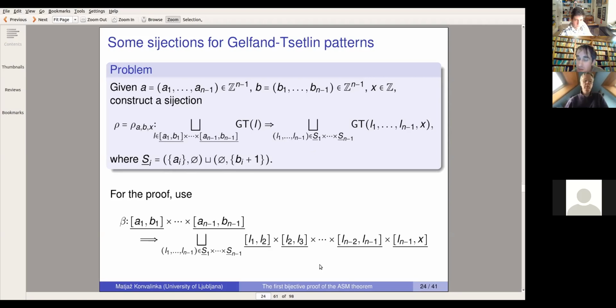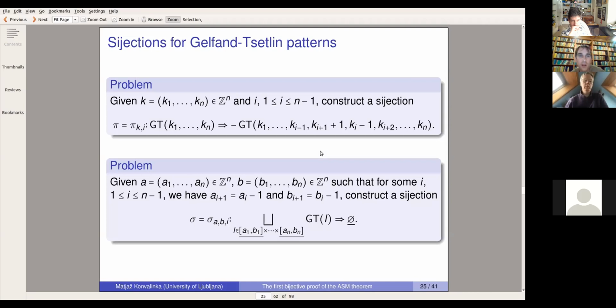And this is by definition, right? Remember that recursive definition of a GT pattern. So it's a very simple proof once you have the map beta. And you see now that does make sense, right? So the GT patterns are a bit bigger, right? They have one dimension more. But before, this was over all elements in a signed box. And now it's just over the, well, corners. So this is the kind of stuff we're doing.